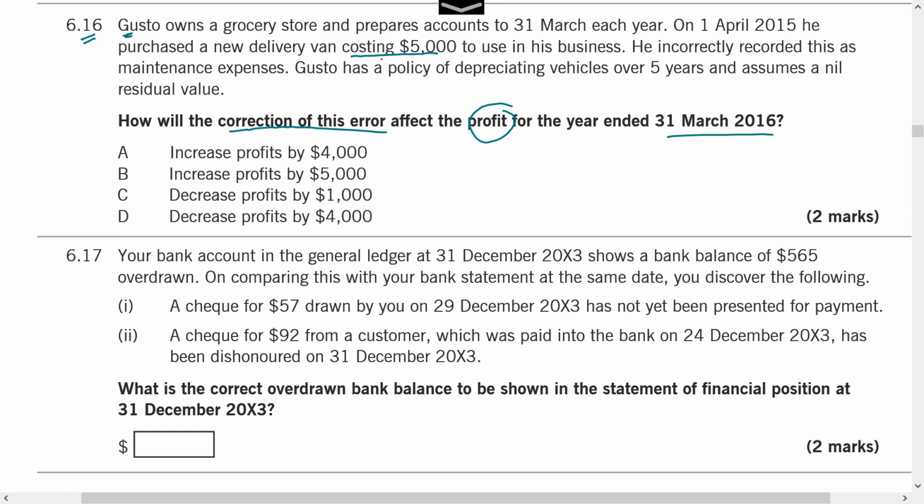So first of all, let's talk about what should be the correct entry. Because G has purchased a van, he should debit non-current asset by $5,000.